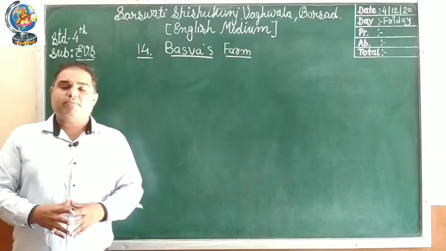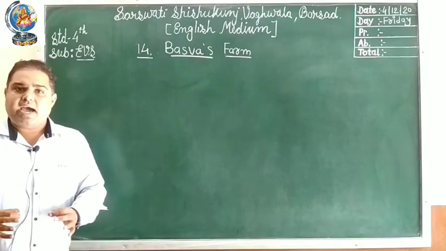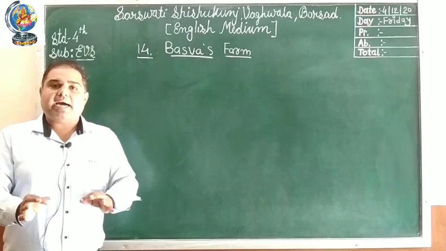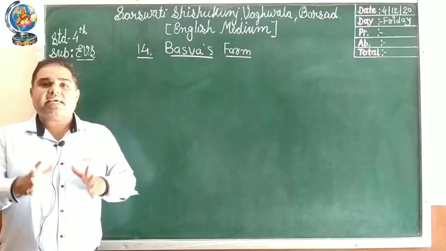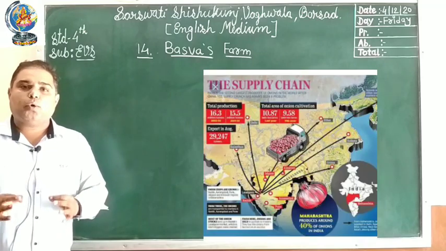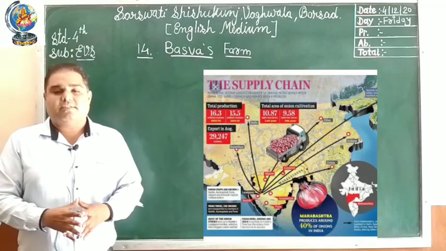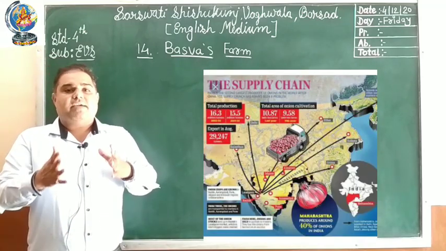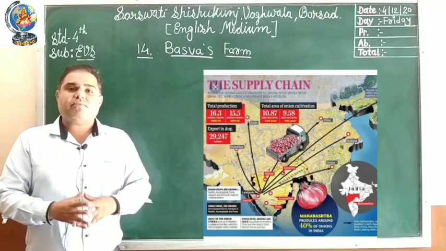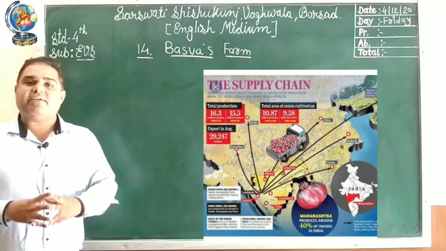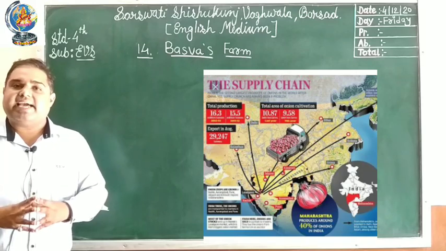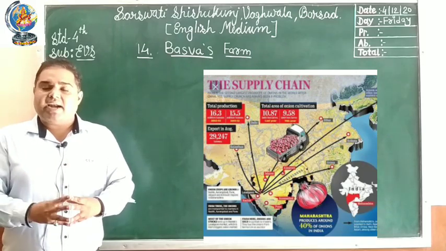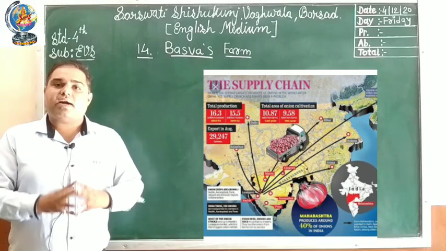Students, let me give you the information that in India, Maharashtra and Karnataka are the two states that grow plenty of onions. That is why in this Basva story, they are also living in a small village named Basvanika in the state of Karnataka.